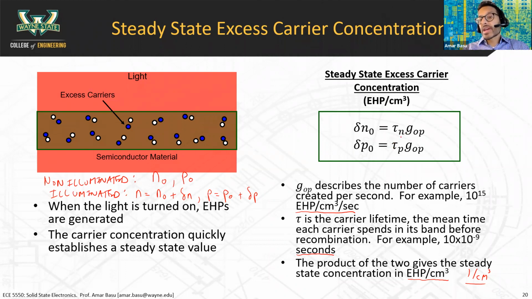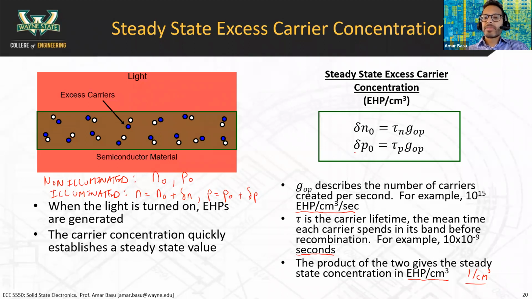On the other hand, if the lifetime is very short, that means the light source is generating these electron hole pairs, but they're quickly recombining. In that case, you're going to have a lower excess carrier concentration. This is a very simple formula, but I just want you to recognize the intuition of these formulas.